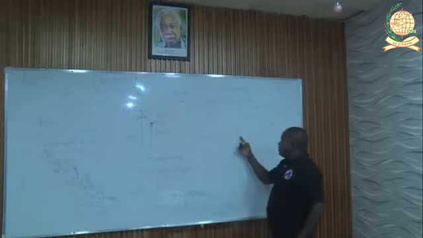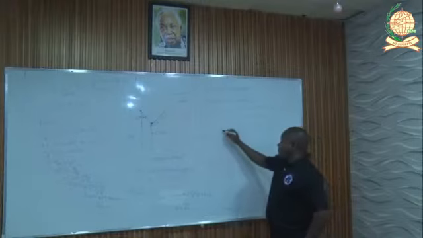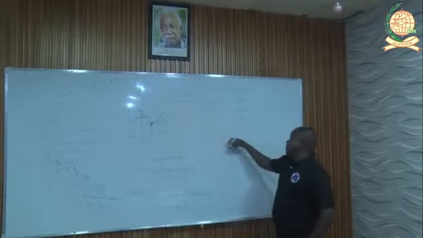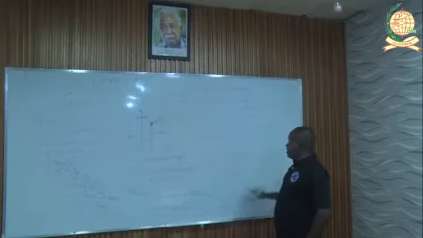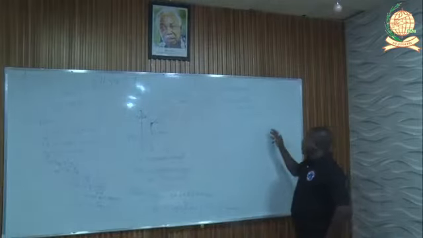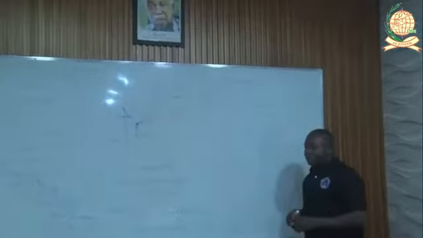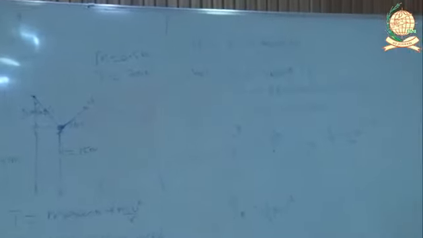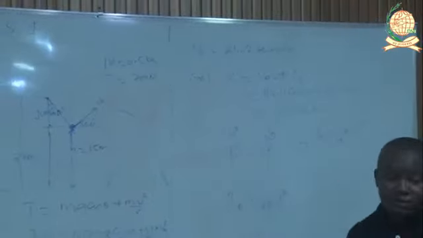But if I shift this axis to the end, the moment of inertia of the same meter rule will be different. This time I'm going to have moment of inertia 1/3 mL square. So the same meter rule, but different moment of inertia. This is because if you change the axis of rotation, mass distribution also changes. So it is not unique because it depends on mass distribution from the axis of rotation.